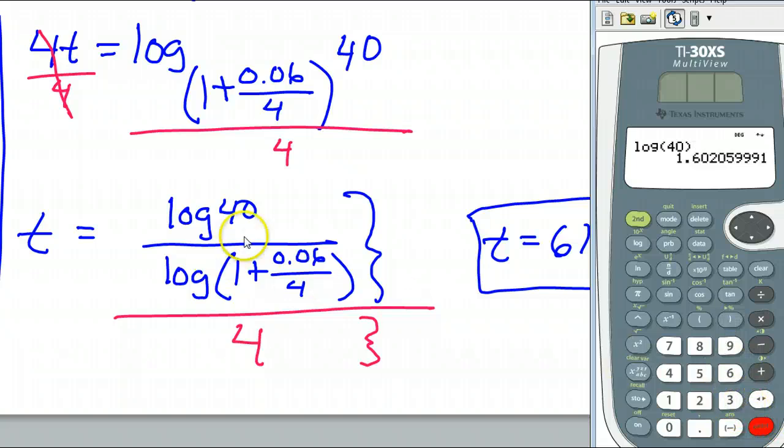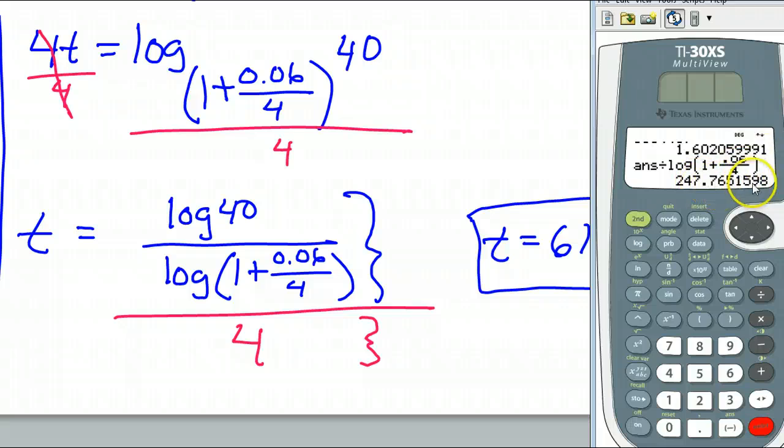So I've got this decimal. Now I need to divide that by log this stuff. So I could just go divided by log and type this part in. 1 plus 0.06 over 4. And I got this other decimal.